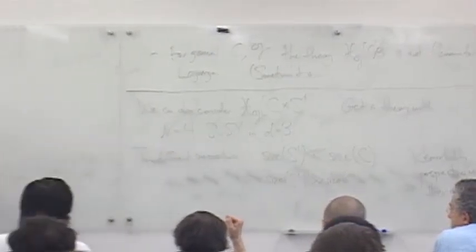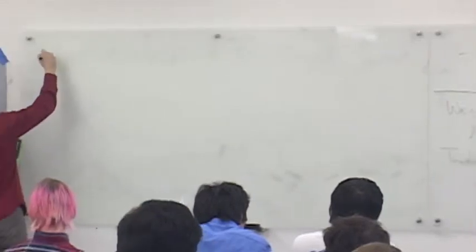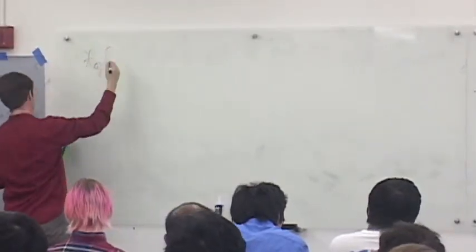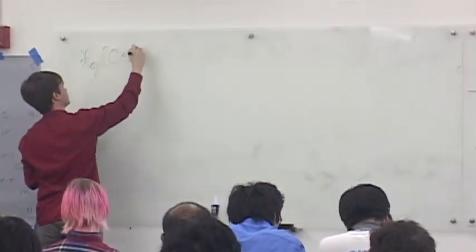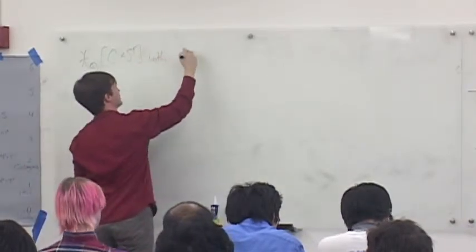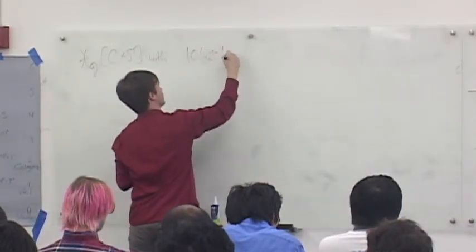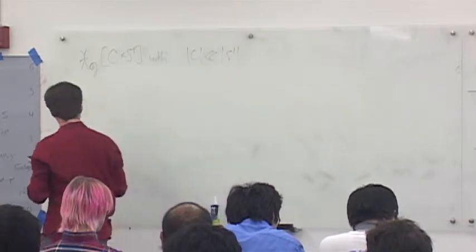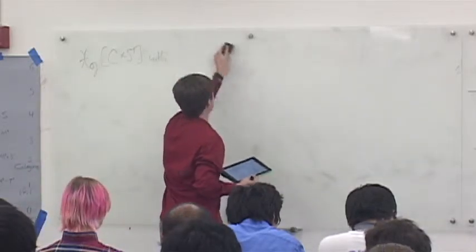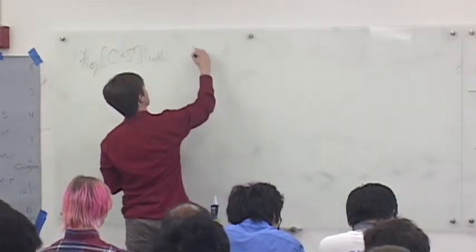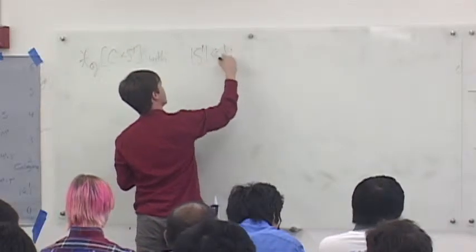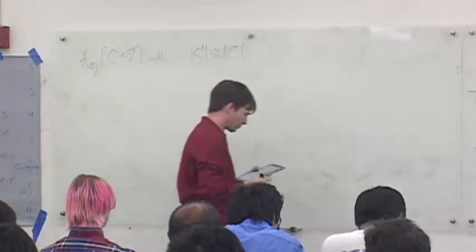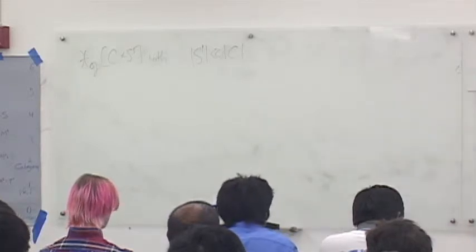Let's first look at C cross S1 with the size of S1 much smaller than the size of C. In that case, we might think of it in the following way.